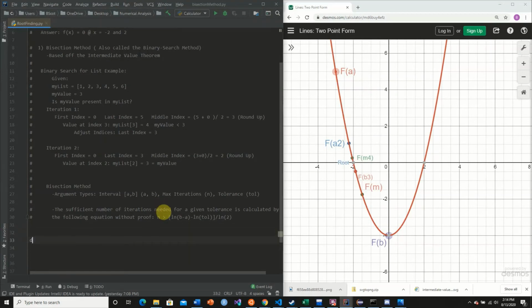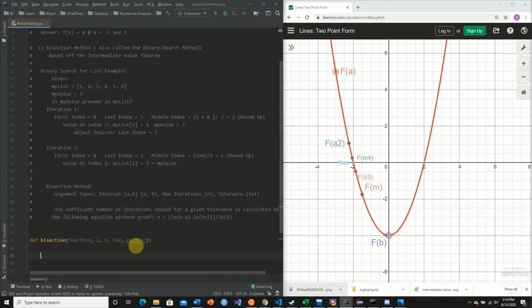So we're going to say def bisection. We're going to give it a function to use, our a and b, our tolerance, and our max iter. What we're going to say here is we're at this first check off, is f of a times f of b negative? Because if we give it, let's say this f of a to this f of b was our b, there's no root in between these two values.